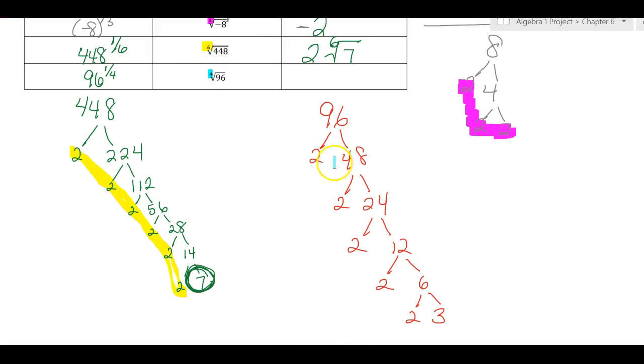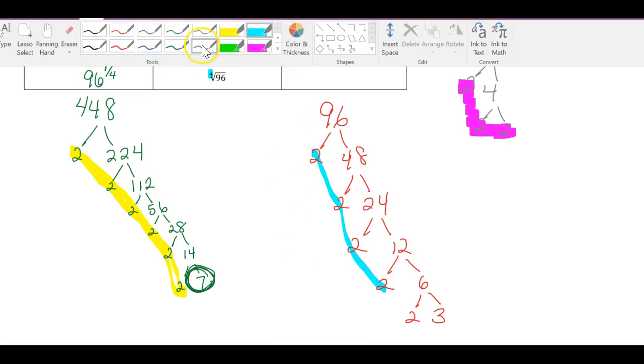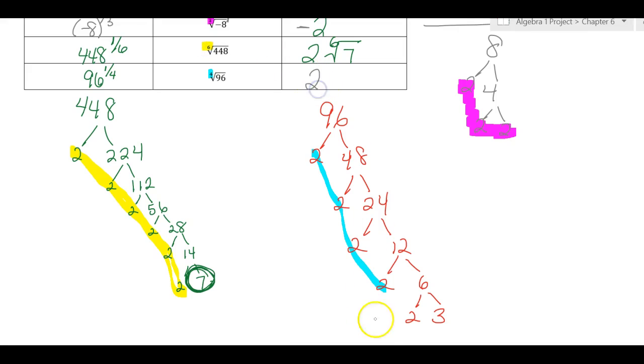So I have 1, 2, 3, 4. There's a group of 4 2's. So that means I can take 1 2 out. But if you notice, I have these left over. Remember, leftovers stay underneath. And so they stay underneath, and I can go ahead and multiply them. 2 times 3 is 6, and then I bring the 4th root over.